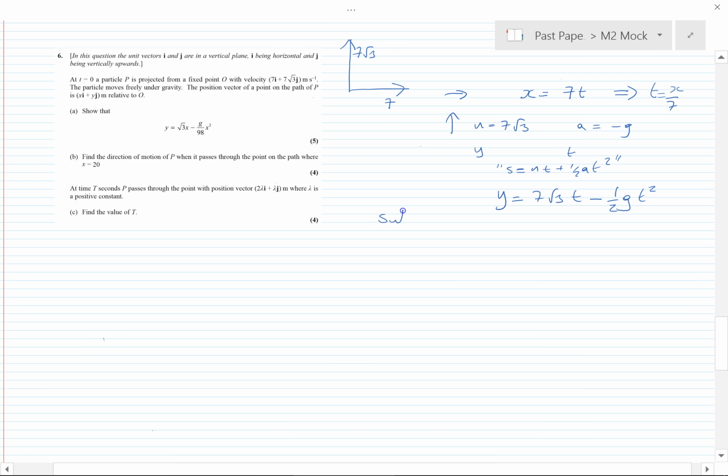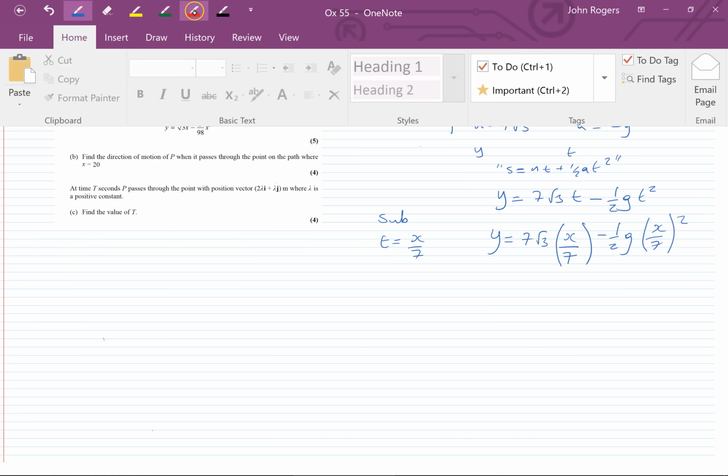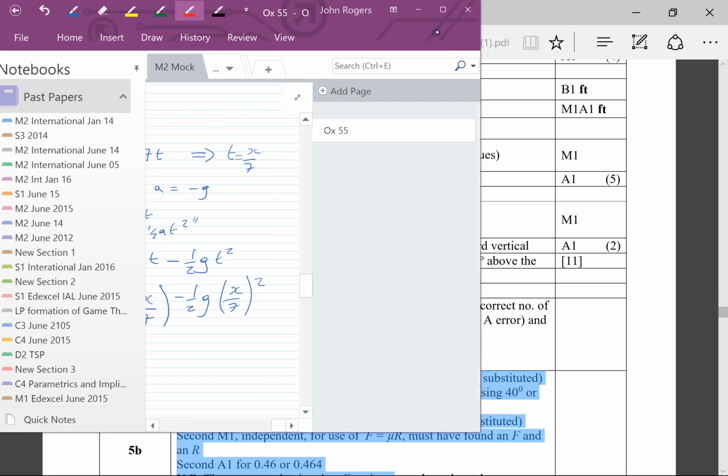So we're going to sub t equals x over 7 into there. So we have y equals 7 root 3 times x over 7, minus a half g times x over 7 squared. Now really it's done now. I mean, we can see that the 7 cancels, but we've done enough really.